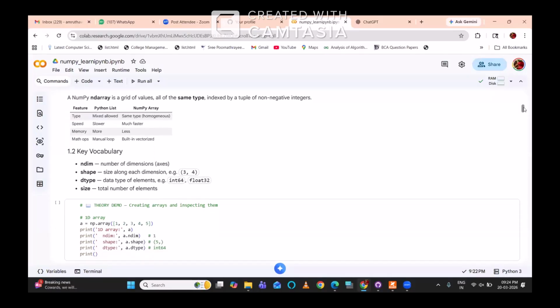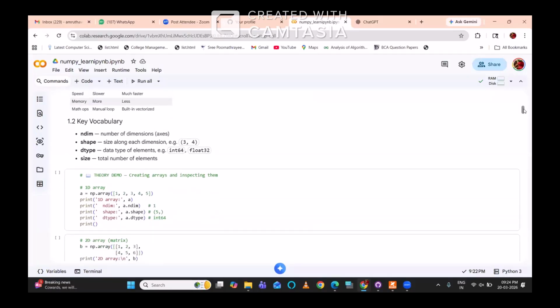Now the first block is introducing how to create a Numpy array from an existing list and printing its properties. Here you can see that a equal to np dot array of an existing list. So the list 1, 2, 3, 4, 5 is converted into a Numpy array, and that is stored in the variable a.